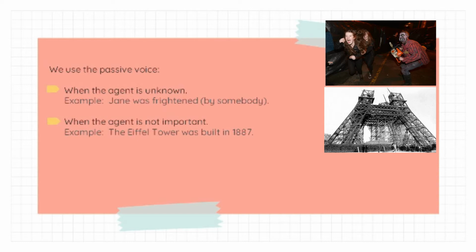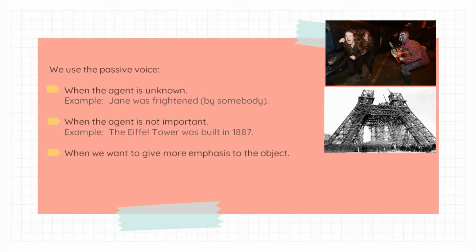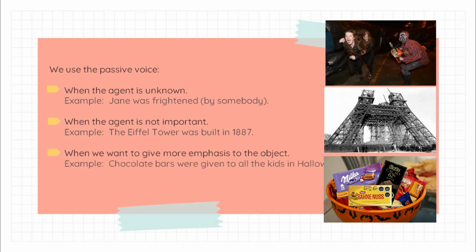Here, the person who built the tower is not important, is not the focus of this sentence. When we want to give more emphasis to the object. For example, chocolate bars were given to all the kids in Halloween.